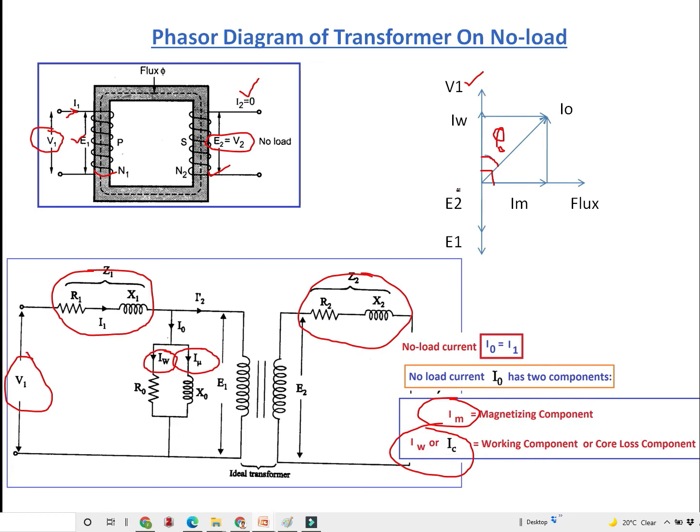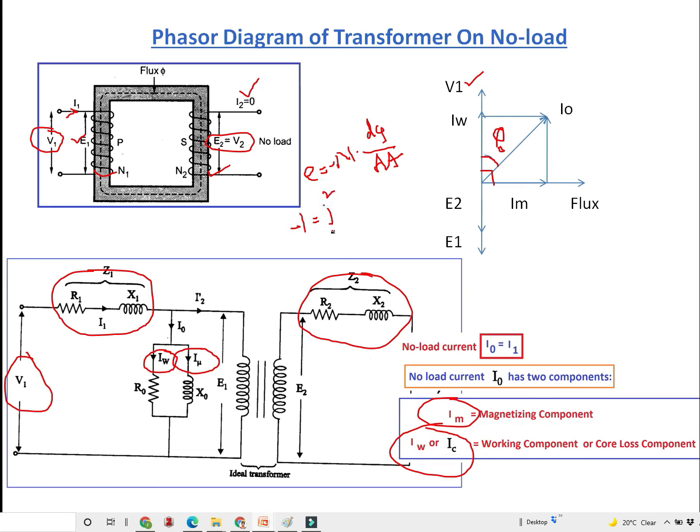One more left out is E2 and E1. The induced EMFs in the primary and secondary windings are just opposite to the supply voltage. Why? Because we know by Lenz's law E is equal to minus N into d phi by dt, correct. So the induced EMF opposes the cause, that's why we have the minus. We know that for minus 1 the equivalent angle is j square, correct?